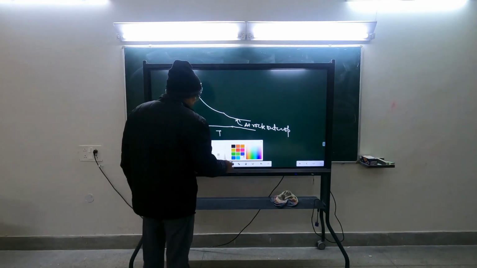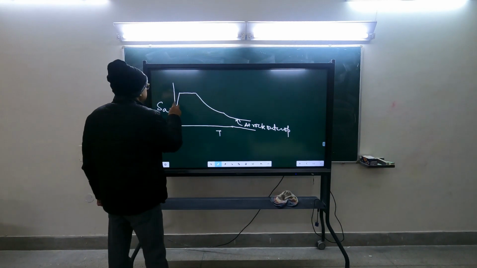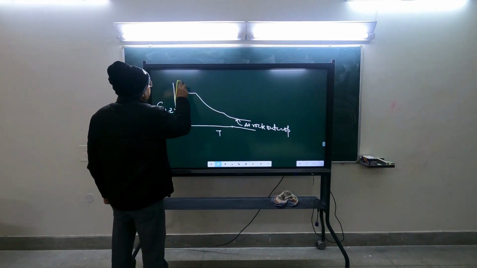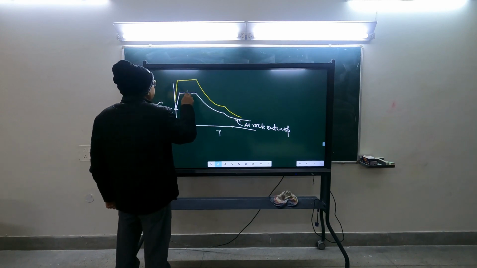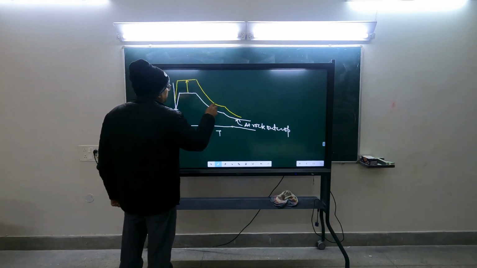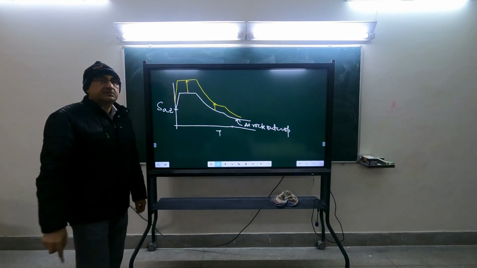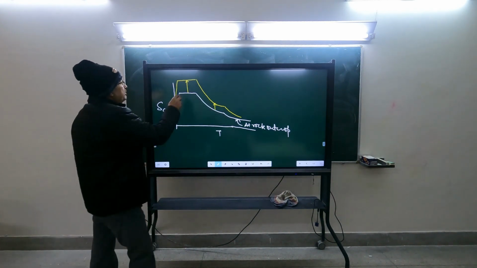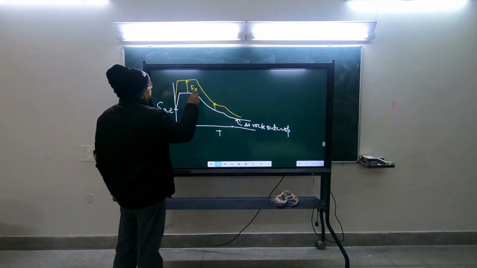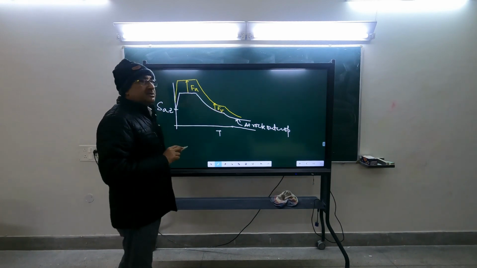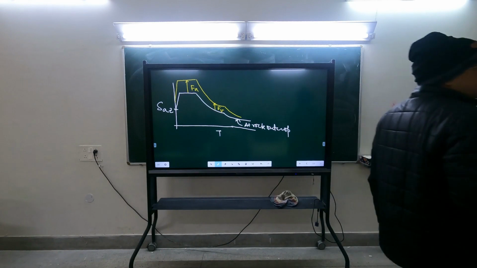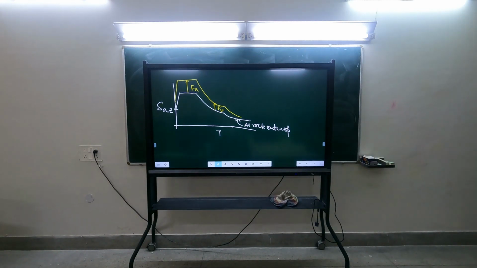Now, at the soil, it gets amplified. This amplification here is different from this amplification. This amplification is called FA and this is called FV. So this is the site factor in the acceleration control range and the site factor in the velocity control range.